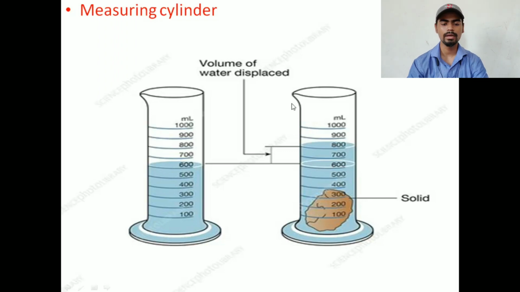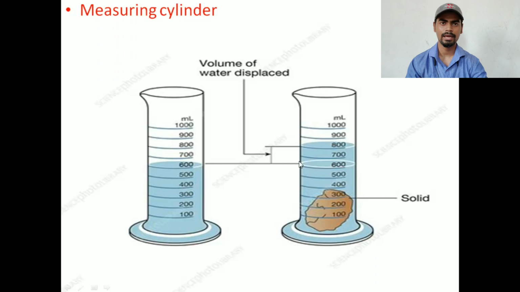Now, after you immerse an irregular solid into the measuring cylinder, what happens? The water has risen from 600 to 800. So again we have to do a small calculation. The present reading is 800 ml, and the previous reading was 600 ml.